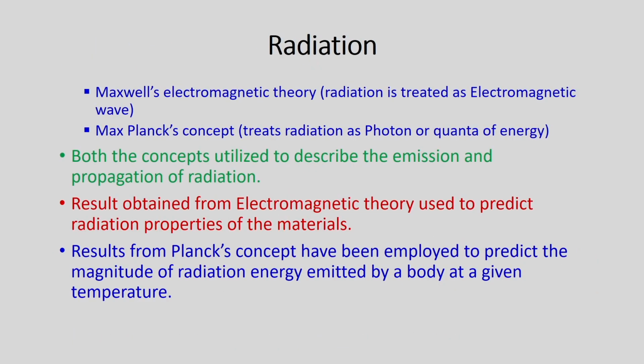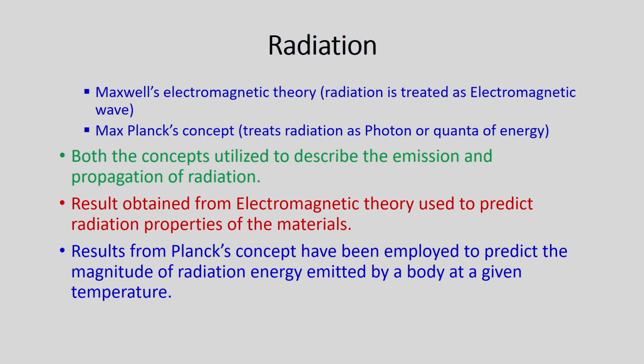And if we have to learn about radiation, there are theories, but no single theory gives clear information about radiation propagation. So, two most important theories coined by Maxwell and Max Planck are utilized to understand the radiation propagation.